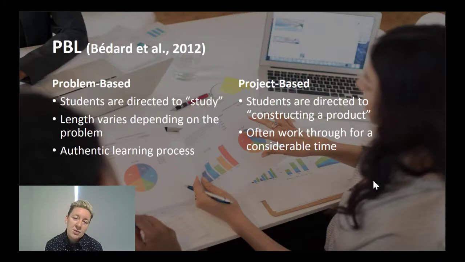In problem-based learning, the students are directed to study and focus on application of theoretical knowledge to come up with a solution for a problem. In project-based learning, students are encouraged to construct or create something that will be a solution to said problem. Project-based learning and problem-based learning use a similar process, but the outcome of both is quite different.